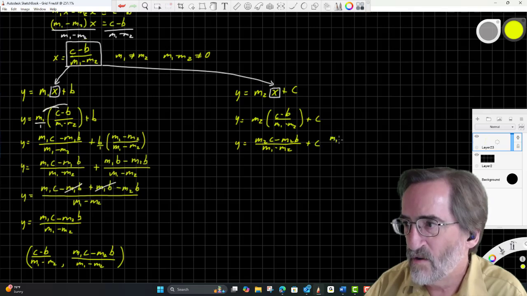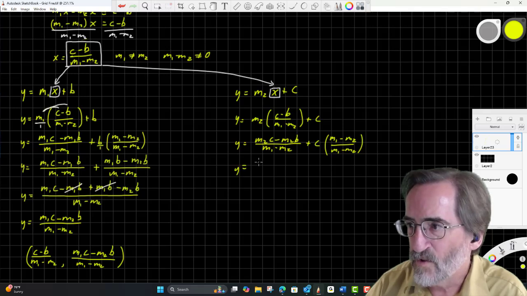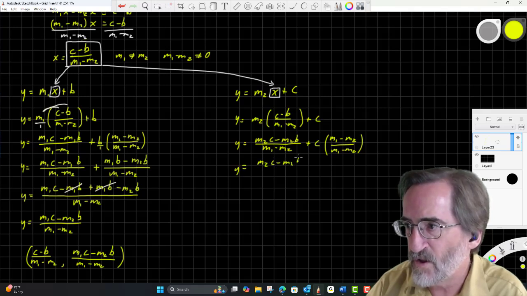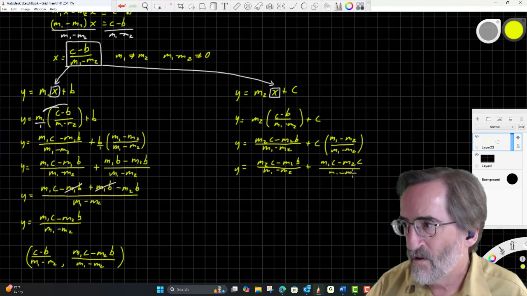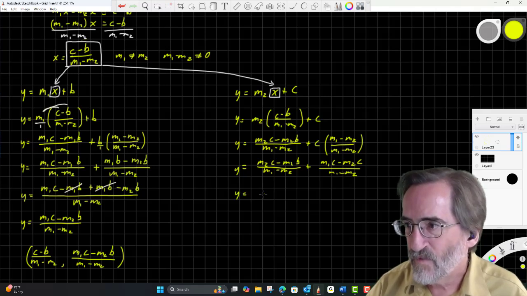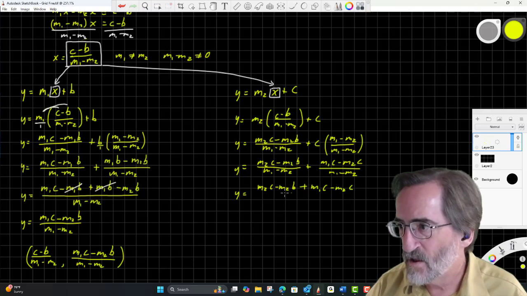Multiply by m1 minus m2 on top and bottom of the fraction to get a common denominator. y equals (m2c minus m2b) over (m1 minus m2), plus (m1c minus m2c) over (m1 minus m2). y equals m2c minus m2b plus m1c minus m2c, all over m1 minus m2.